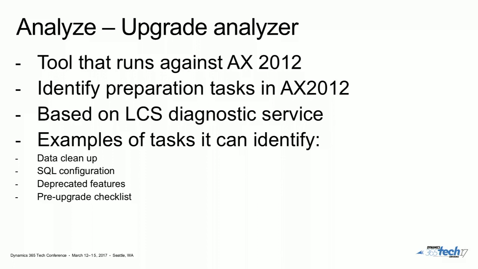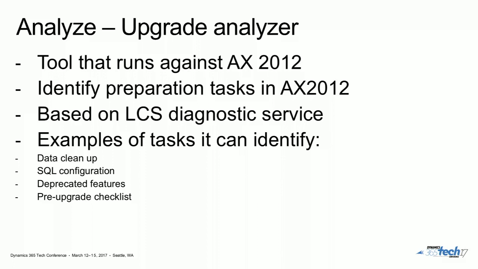And then over time, because it's a rule-based engine, we can add rules about anything we want to. It has the ability not just to look in the database, but to look at any aspect of the environment. So we have ideas for other things we would like to add, but we're starting with this set. And you'll see why in the following slides. There's some good reason behind it.